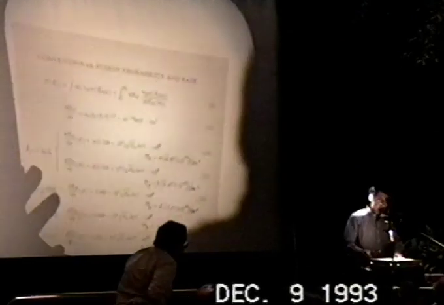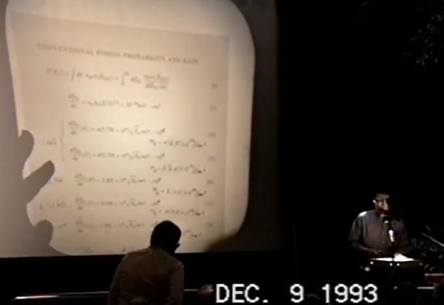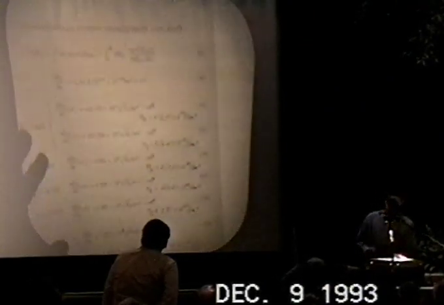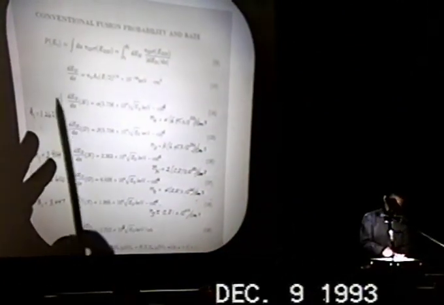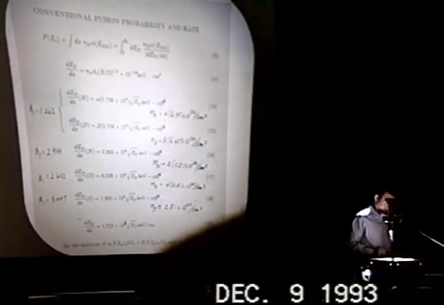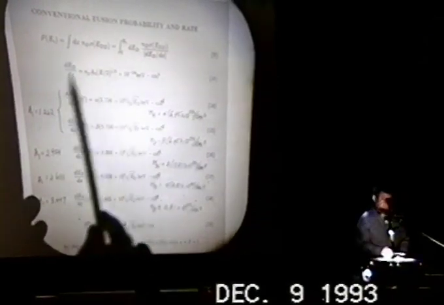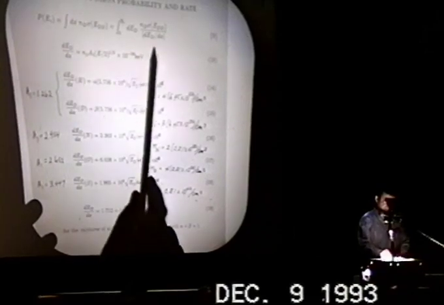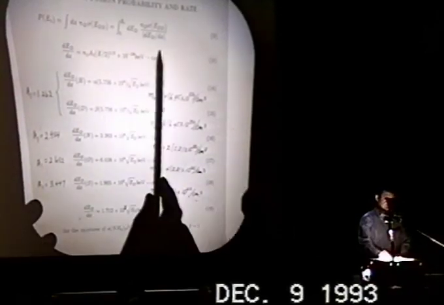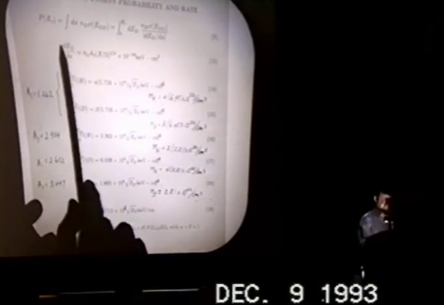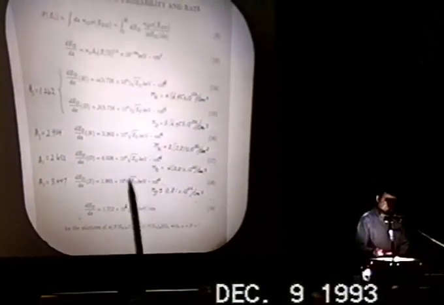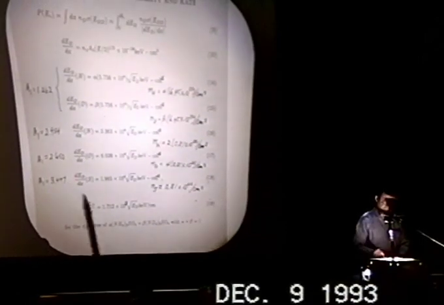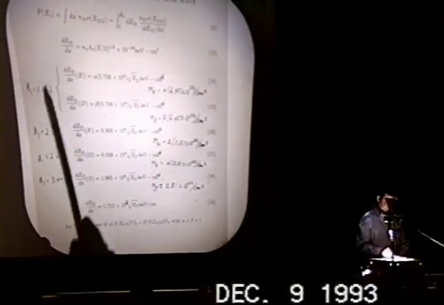Now, once you identify a nuclear process as a fusion, you can calculate the fusion probability. This is the standard formula. And since you are doing a beam experiment, you have to know the energy loss during the collision. Those can be obtained from Anderson's book.